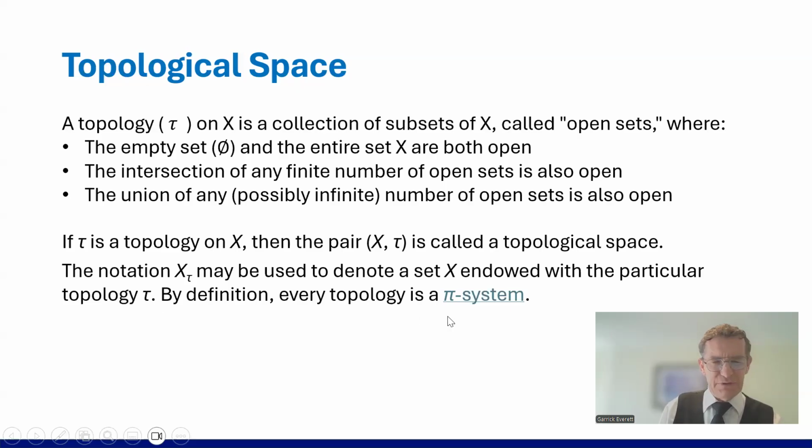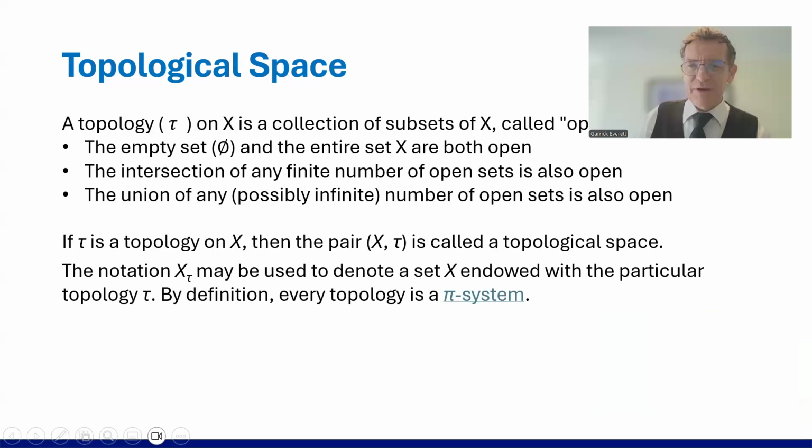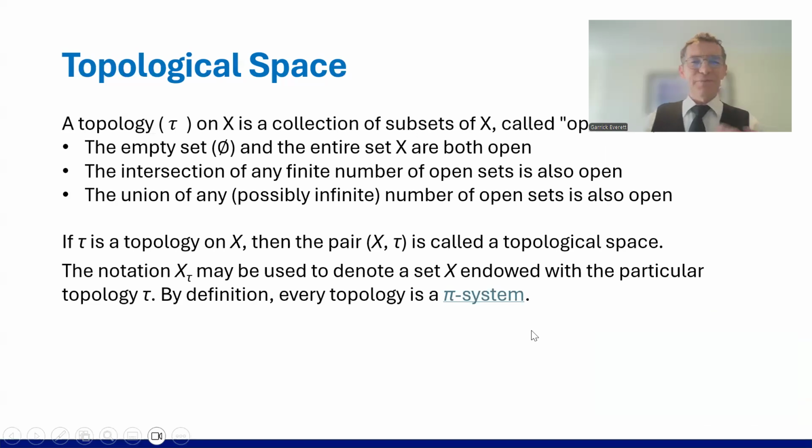By definition, every topology is a pi system. And you might think, that's great, we're going to have food. Not really, no. They've made up another use for pi, which you would think, how can they make up another use? It's just 3.14. No, they've actually made up a topology called a pi system. Yay for them.